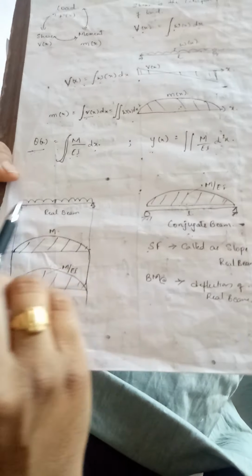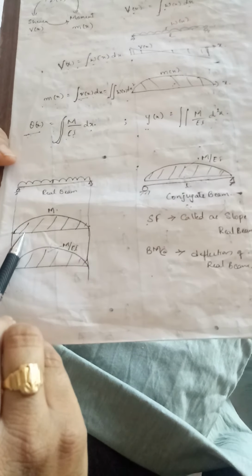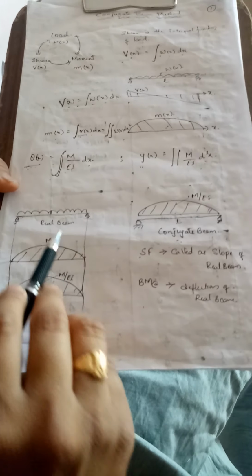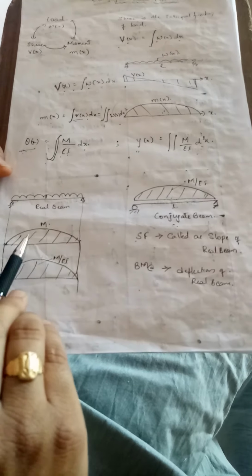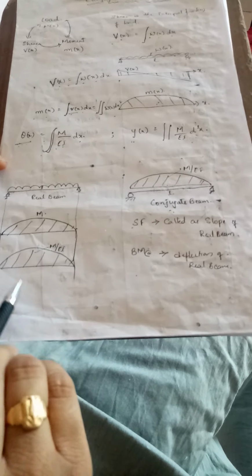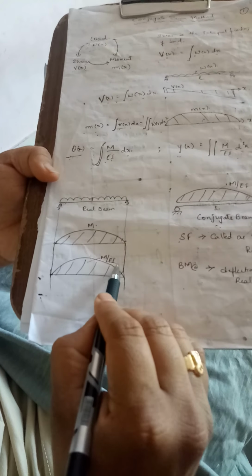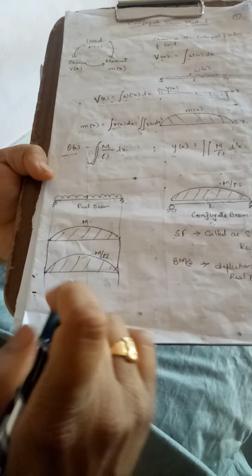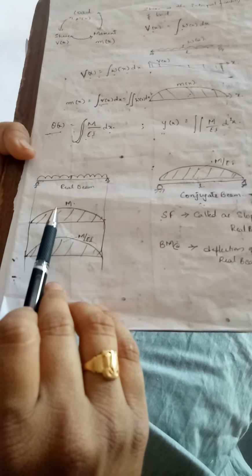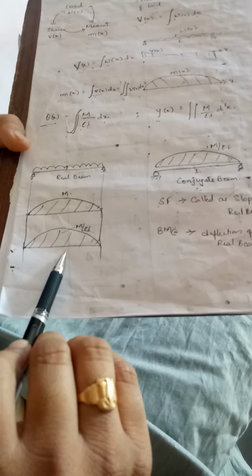First we need to find the shear force and the bending moment and draw the bending moment diagram for the real beam. That bending moment diagram is converted to the M by EI diagram, where EI is called the flexural rigidity.